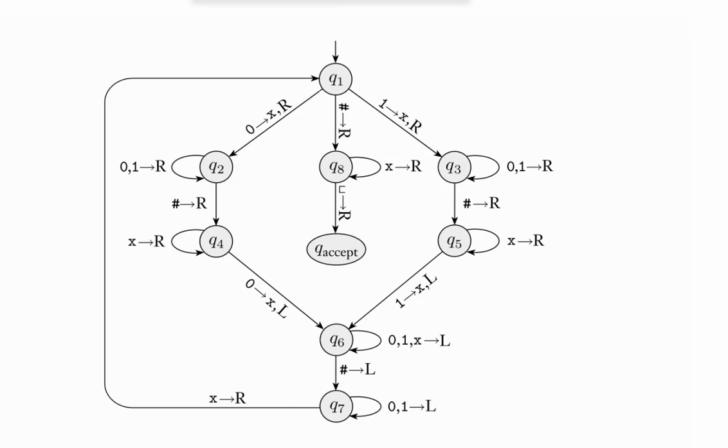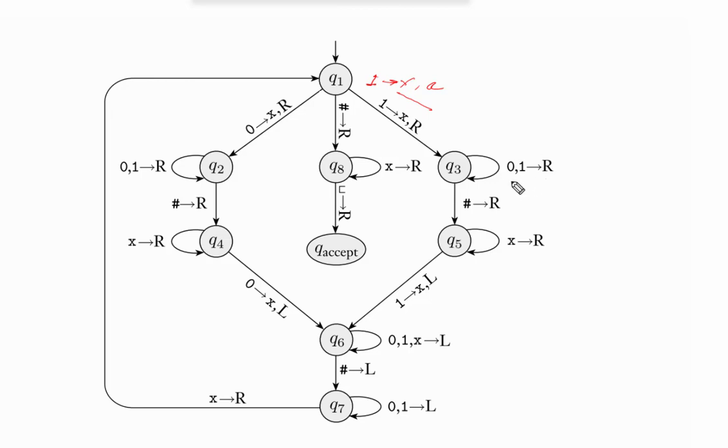If we look at this transition here, it says if you see a 1 on the input tape, replace that 1 with an X and move to the right. In this case here, if you see a 0 or 1, don't do anything, just move to the right.